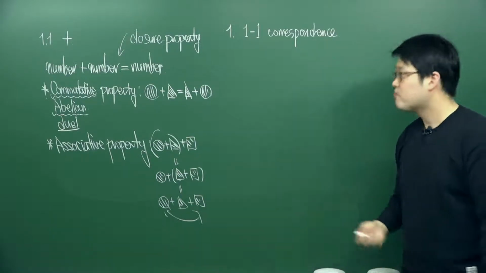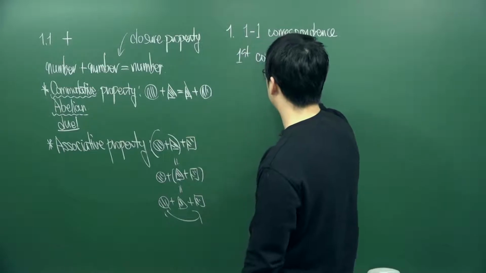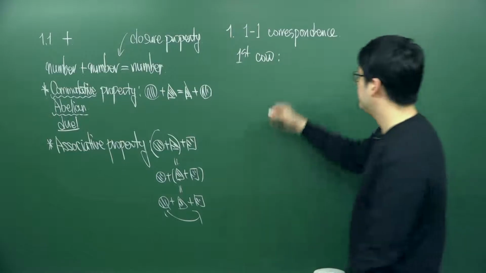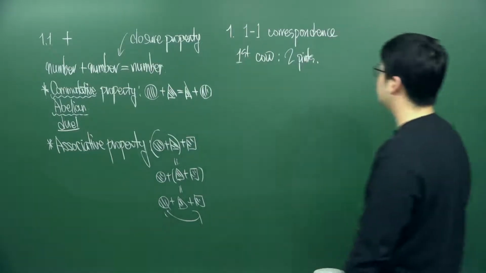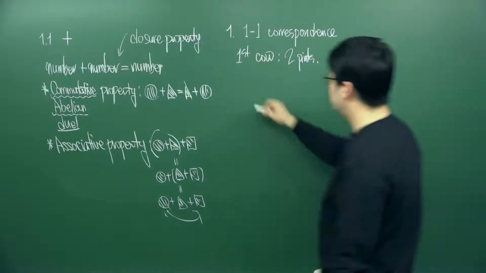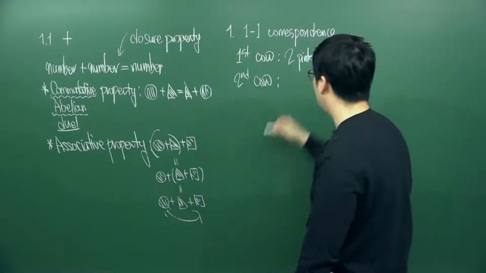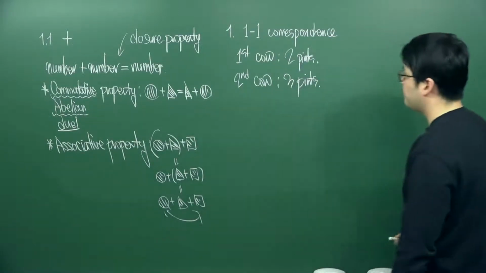Now look at this. The first cow gives 2 pints of milk. Look at the second cow. The second cow gives 3 pints of milk. Look at the third cow.